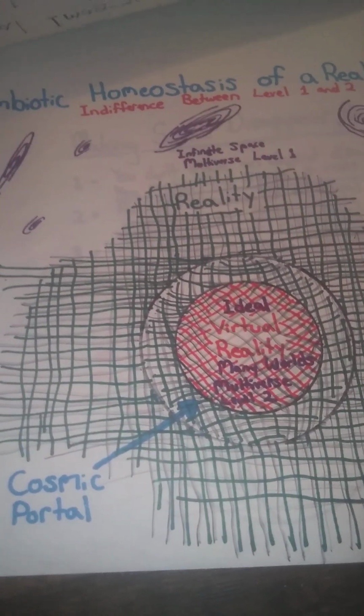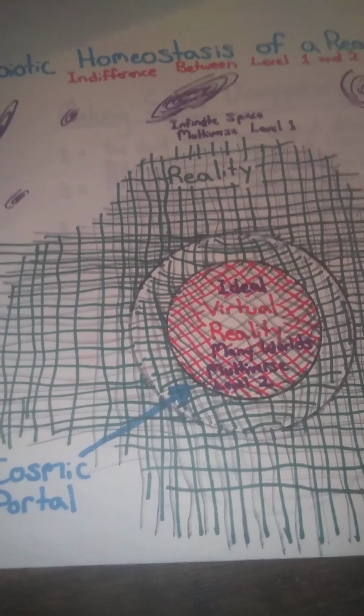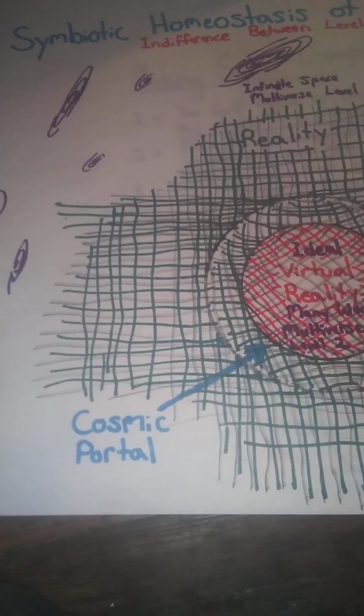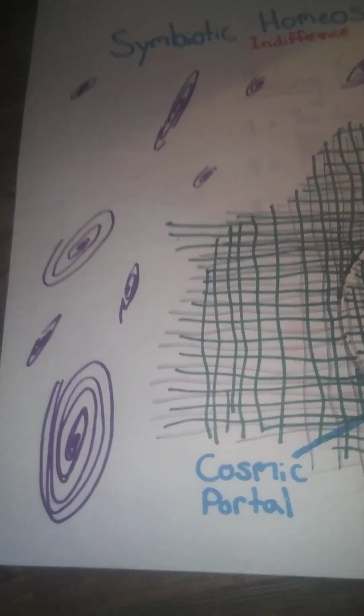So if you look at this one interface or one intersection of reality and the symbiotic homeostasis, they have to maintain each other's existence through some sort of mutual symbiotic homeostatic support, I guess. A reality within a reality. That's a cosmic portal right there. Those are symbolic of other distant worlds.